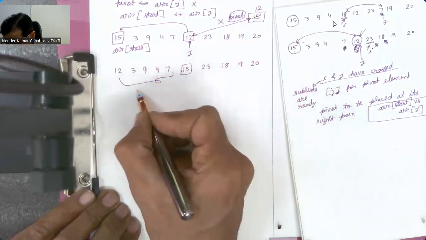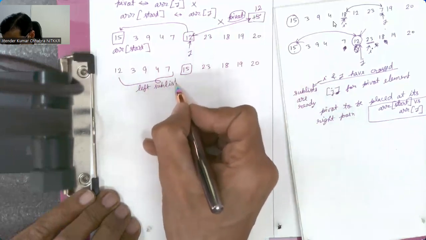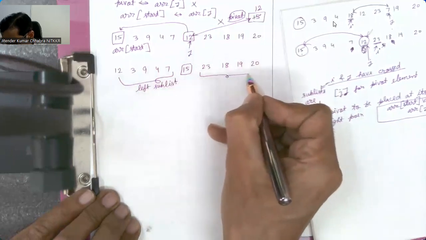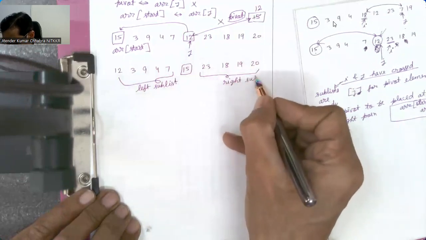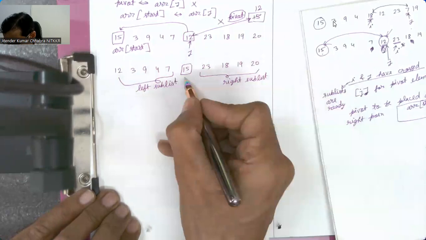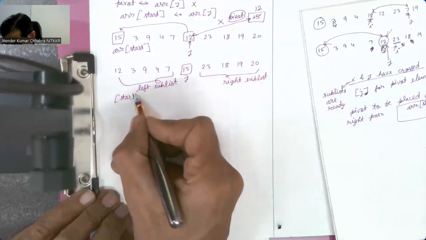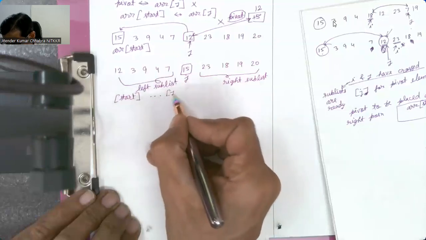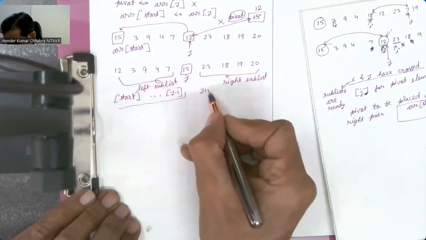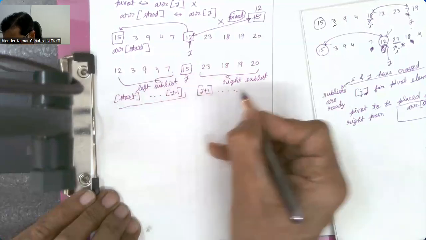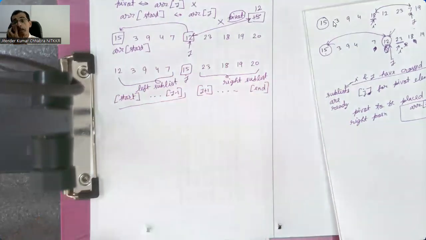This will become my left sublist. This needs to be recursively solved. This becomes the right sublist. So obviously, this was the J position. So from start up to J minus 1 will be my left sublist, and J plus 1 to end will become my right sublist.